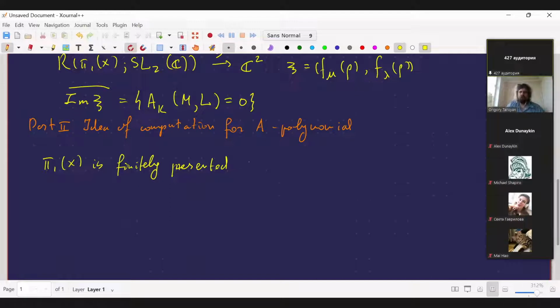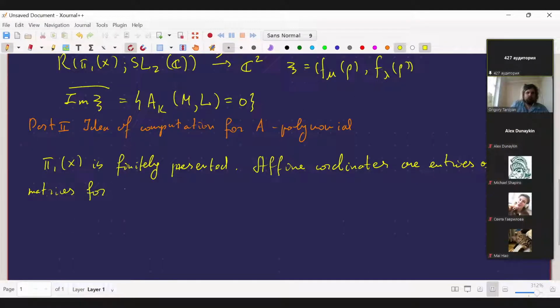Therefore, we can pick an affine space where affine coordinates are entries of representation matrices for generators of pi1, and whose equations are given by relations inside of this finite presentation.